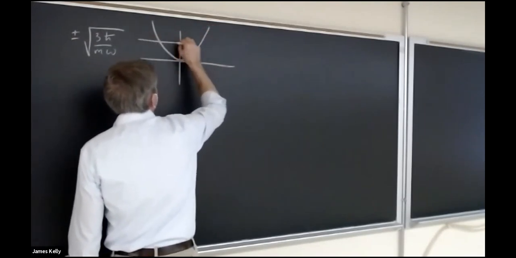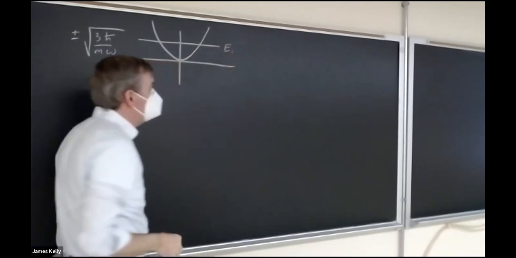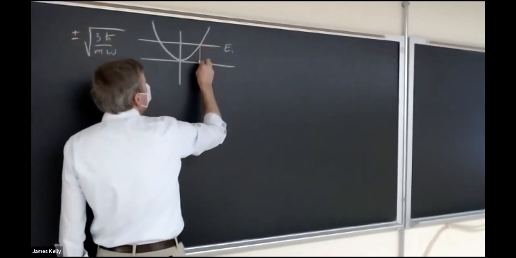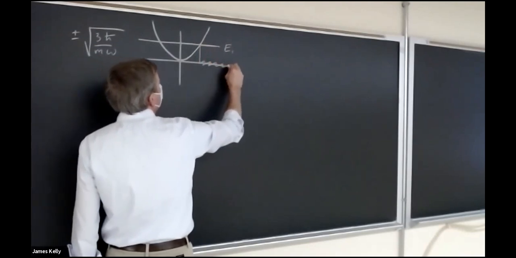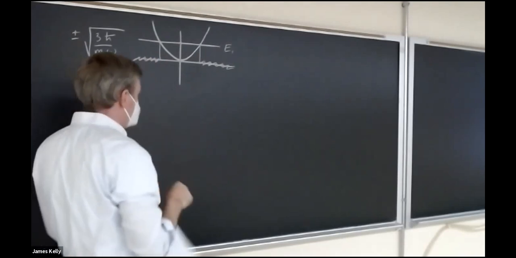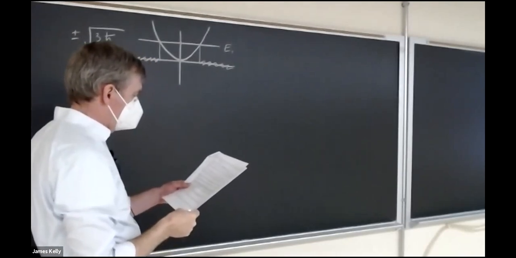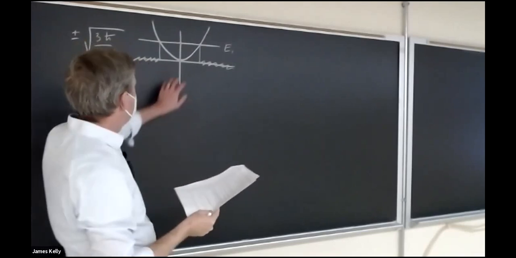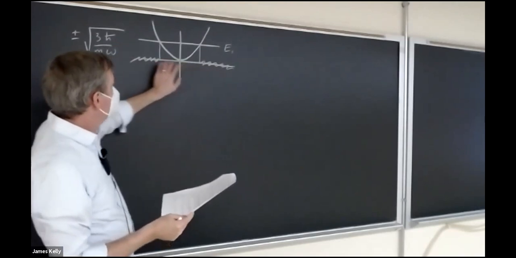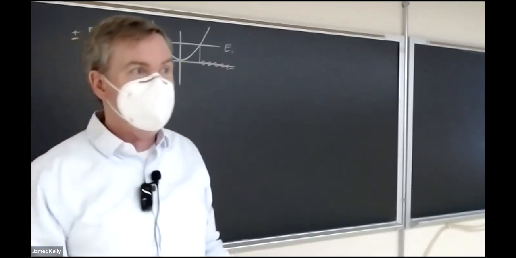And here we are in the first excited state, so we could call that E1. This region out here and this region out here is the classically forbidden. Oh, I'm sorry, outside the classically allowed region, which means the classically forbidden region. So I want to find the probability of finding it in the area that I've shaded on the x-axis.